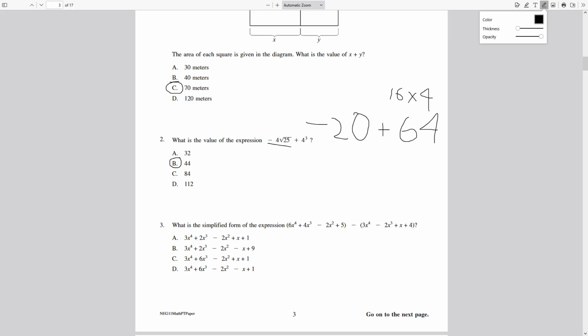Okay. 6x to the fourth plus 4x to the third minus 2x squared plus 5 minus... Oh, no. I remember this. I like this. Okay, so you just subtract each equal term. So this is 3x to the fourth.